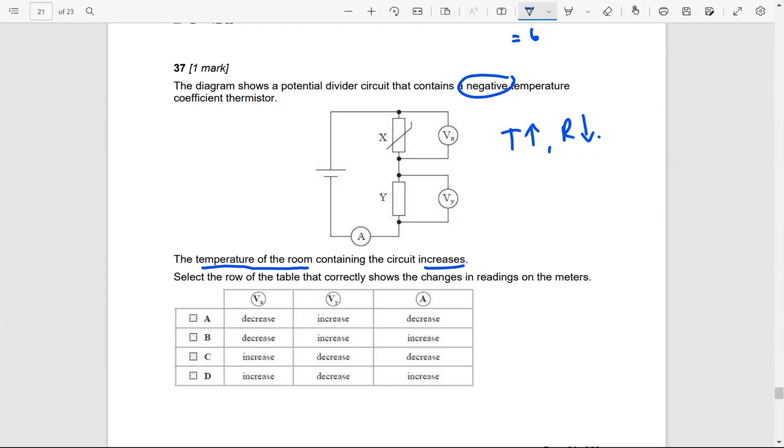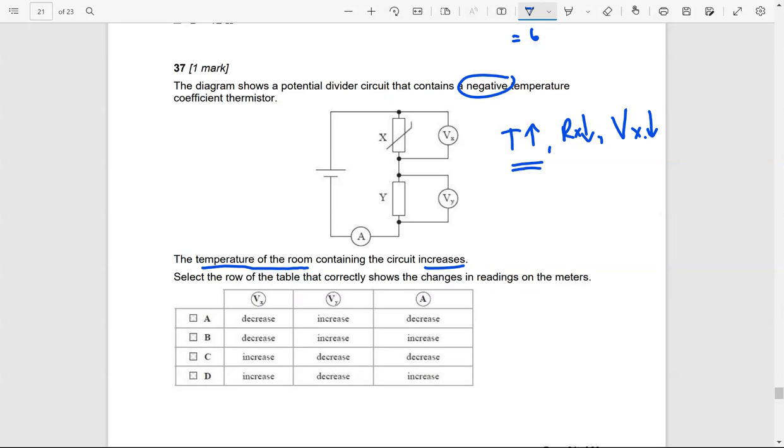So the resistance of X is going to decrease, which means that the voltage across X will decrease, because they do the same thing, the same ratio change. So that's going to decrease as well.